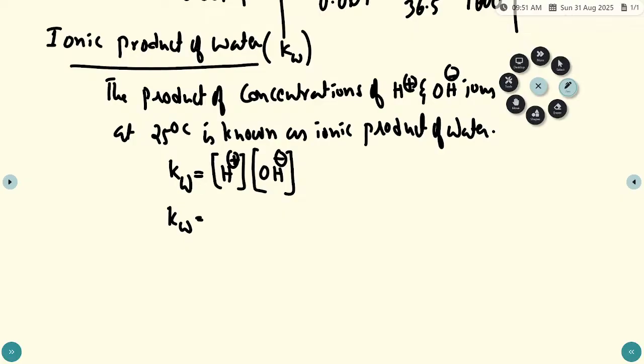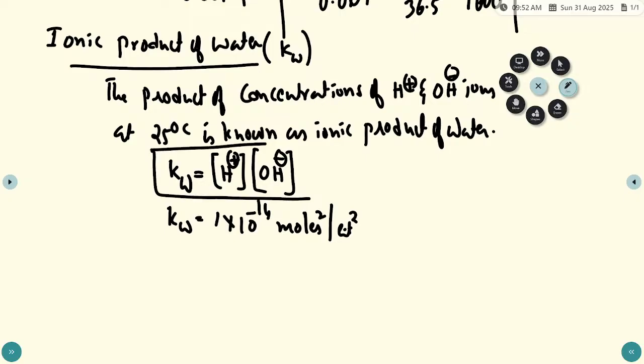The Kw value is equal to 1 into 10 to the power of minus 14 mole square per liter square.